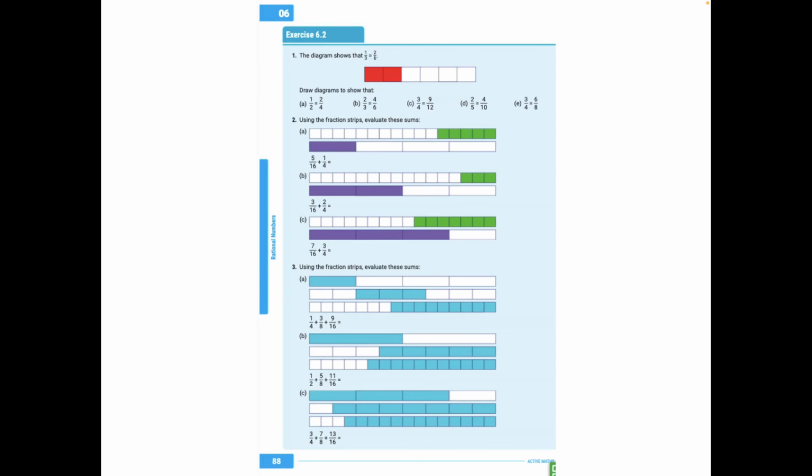Now that we have looked at how to add fractions together, please complete the following questions. Page 88. Exercise 6.2. Question 2.